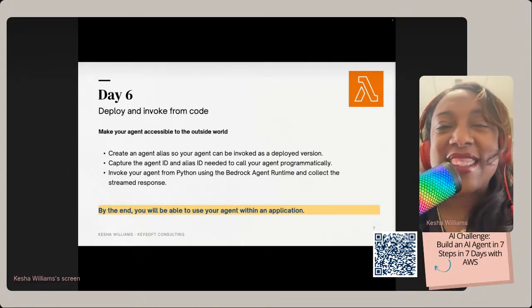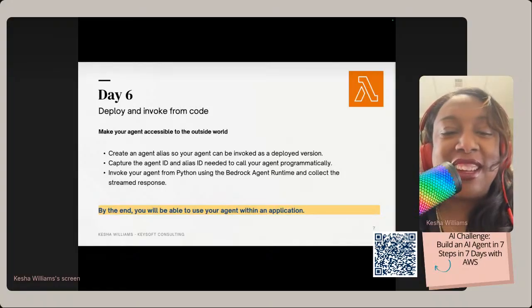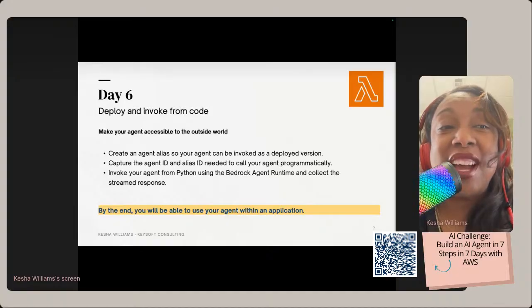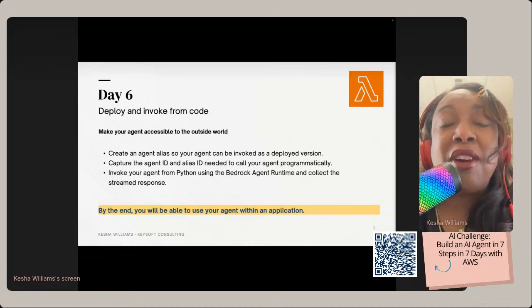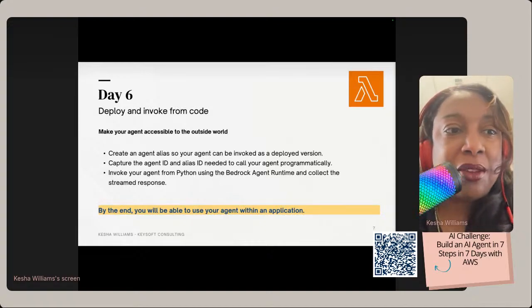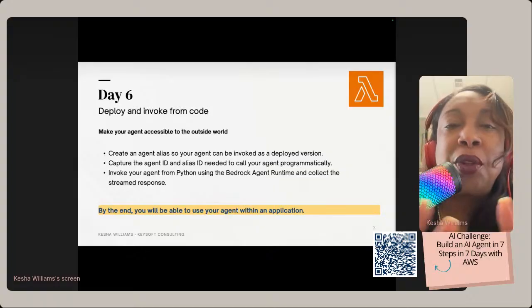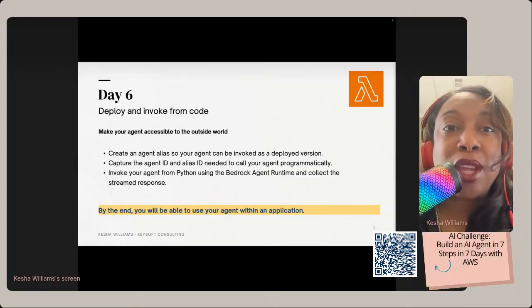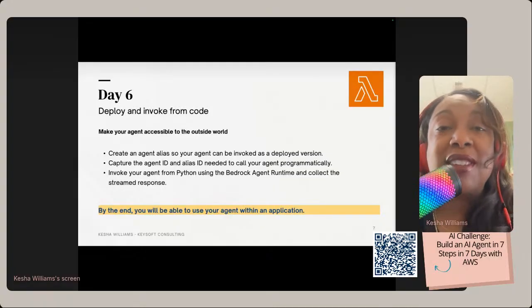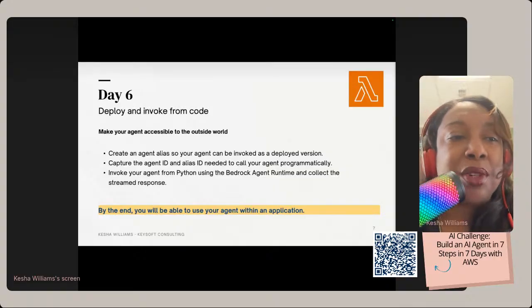Day 6, so we have our agent, it has memory, it has guardrails, it has additional knowledge. Now it's time to take that and make it available to other applications within the ecosystem. So on day 6, you're going to create a Lambda function, or quote unquote Lambda app, that is going to call your agent, send in prompts, and get responses.